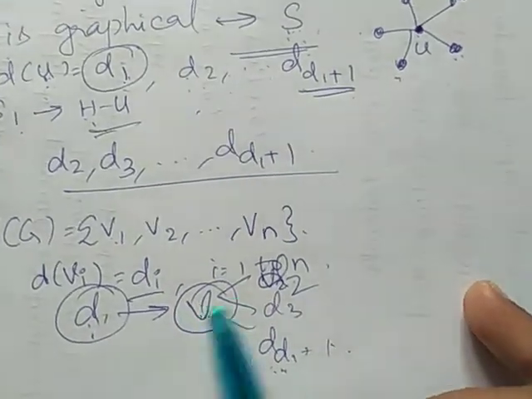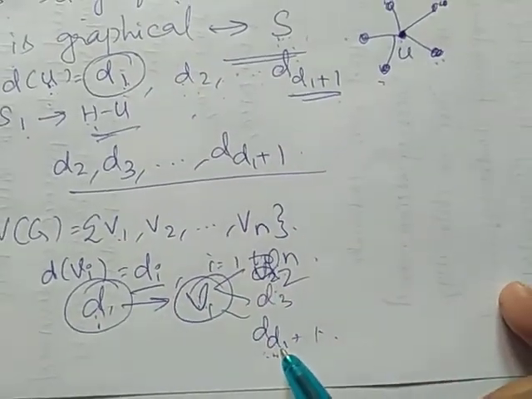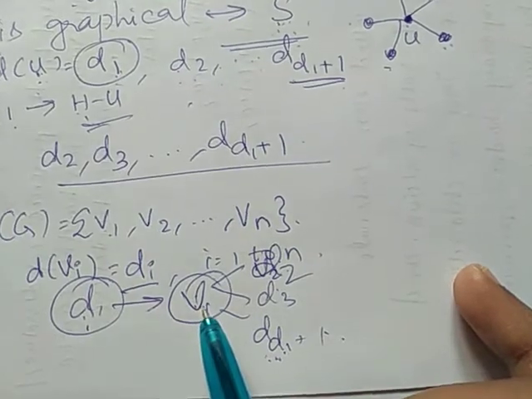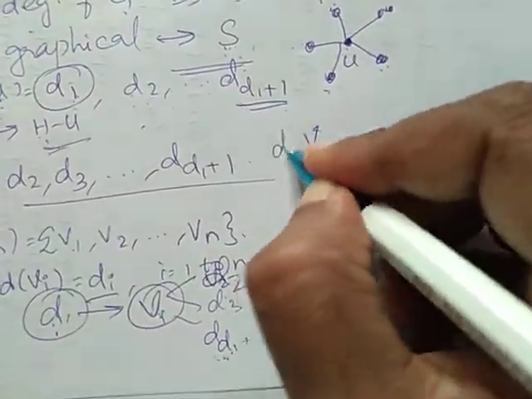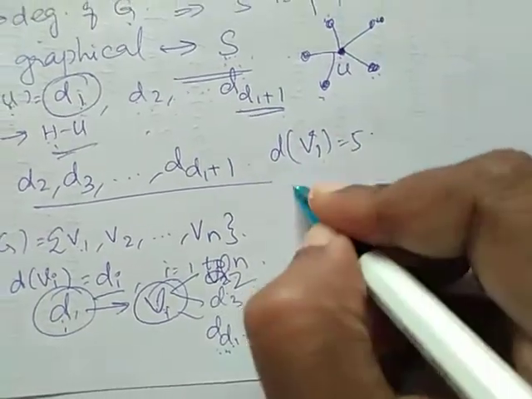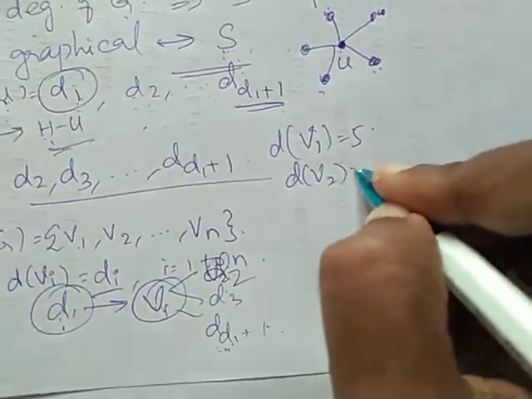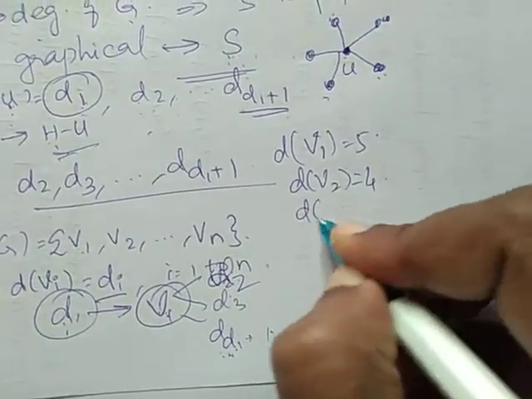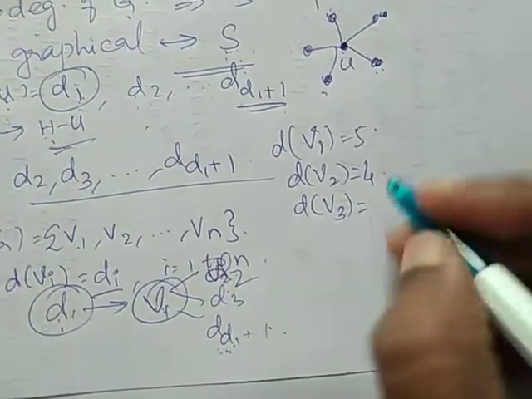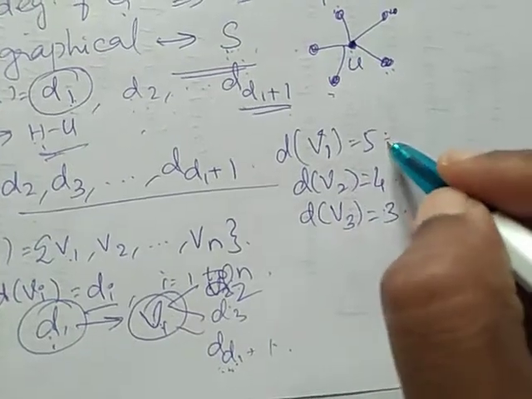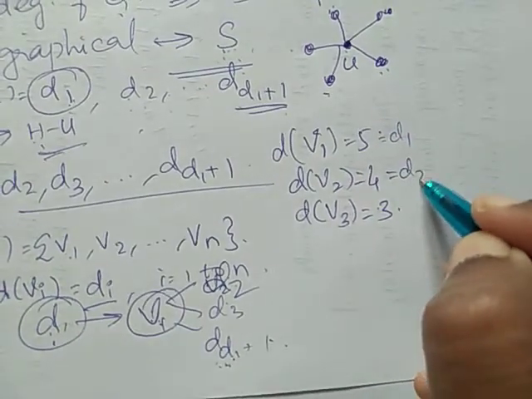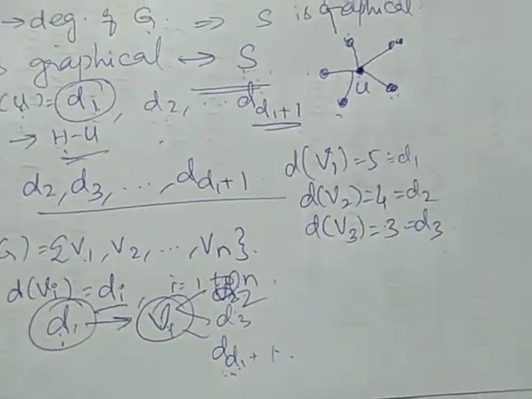Right? See, we are having V1 degree as 5, V2 degree as 4, V3 degree as 3. So this is our D1, this is our D2, this is our D3.